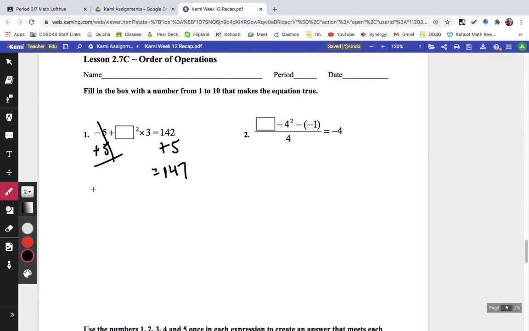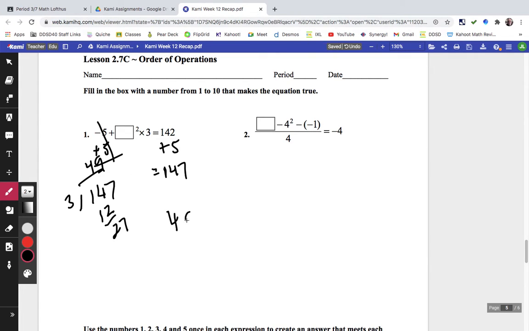I'm going to divide 147 by 3, and that goes in there 4 times, and that goes in there 9, so that's 49.